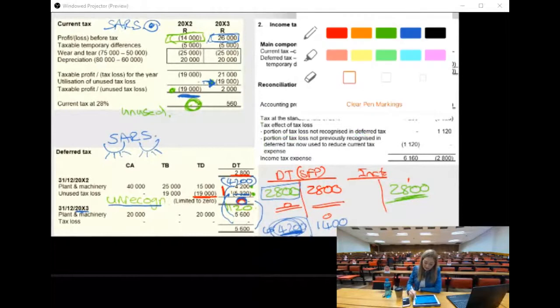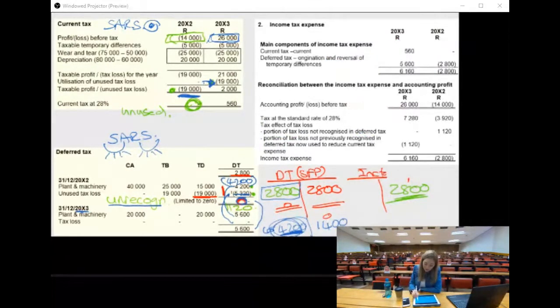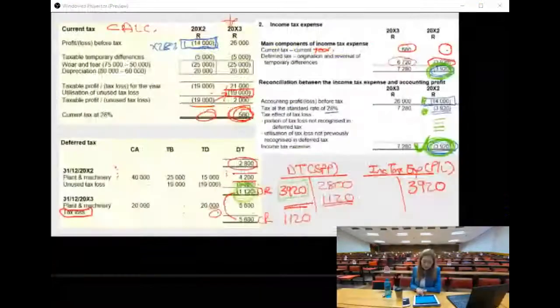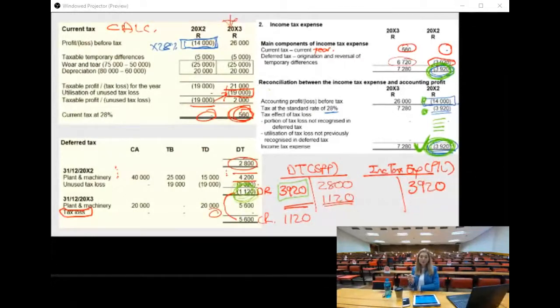If we now look at this movement we have over here, the 5,600 movement we have in our 20x3 year, we can go and compare that to the movement that we had in class example 13, where we were able to recognize the full amount. And you see that the movement is now smaller.